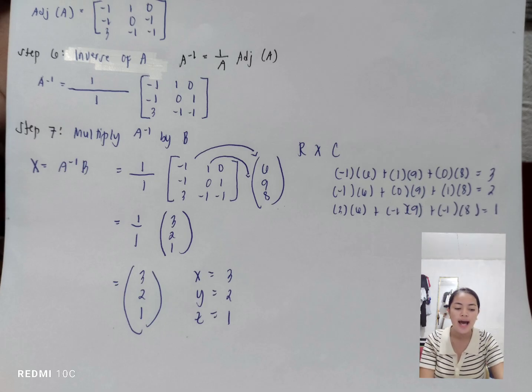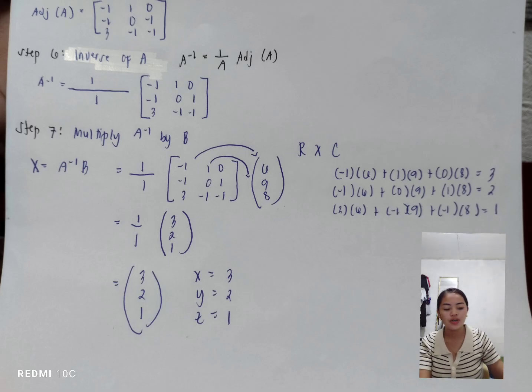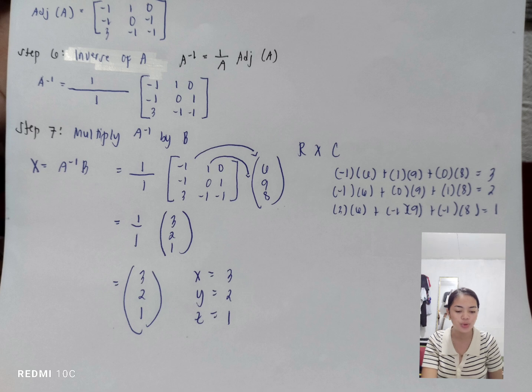We need to have row times column. So you multiply -1 by 6, 1 multiplied by 9, and 0 multiplied by 8. After multiplying these items, you add them, and you get your answer, which is 3. The same process goes with rows 2 and 3.